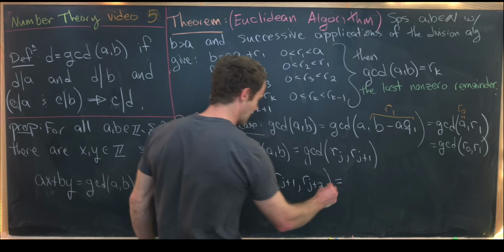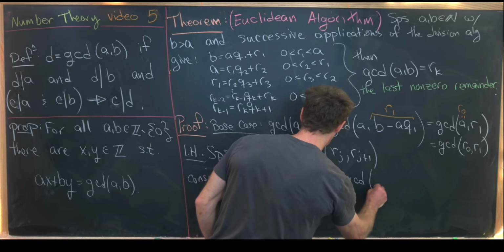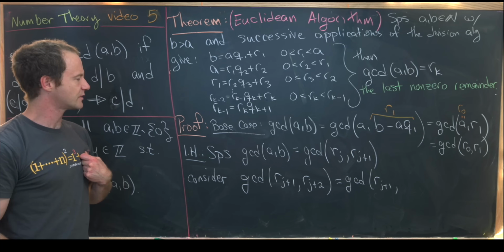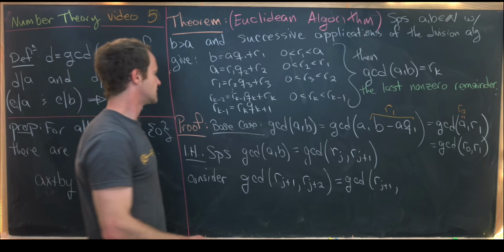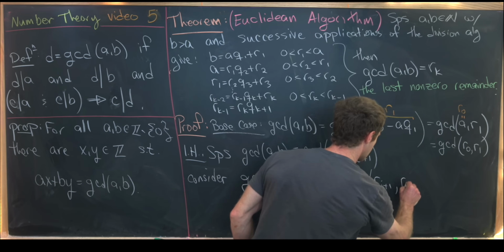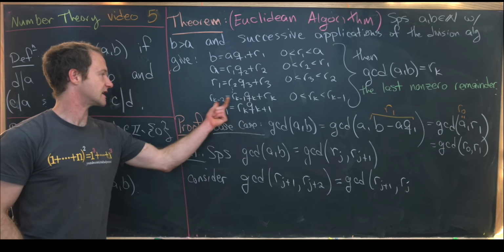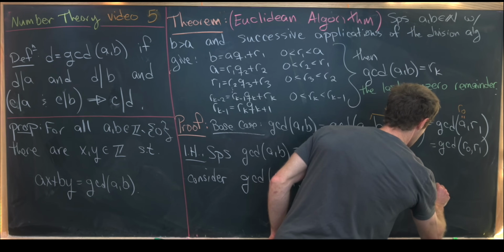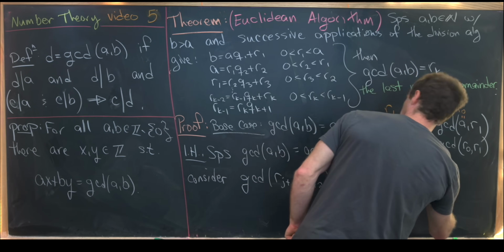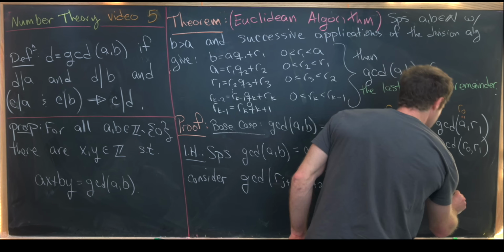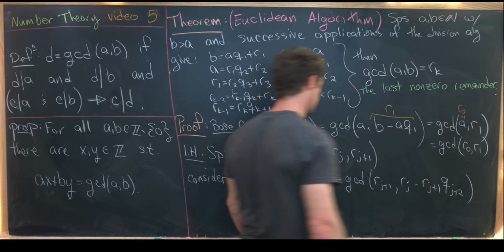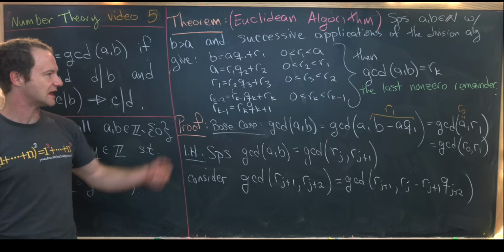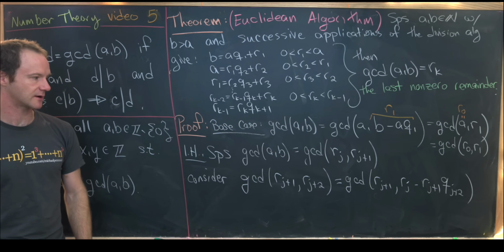So applying that, we see that we have the GCD of Rj plus 1 with, let's make sure we get the indices correct here, Rj, so that's from the left-hand side, minus Rj plus 1 times Qj plus 2.